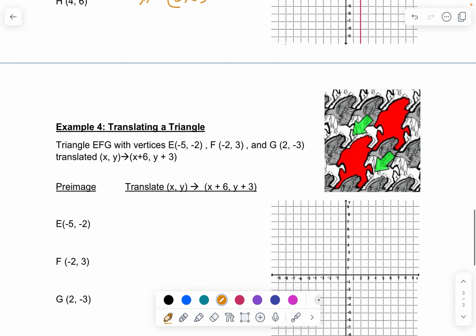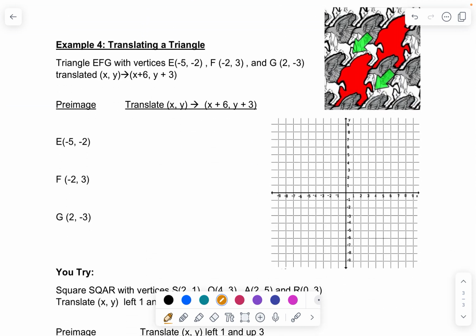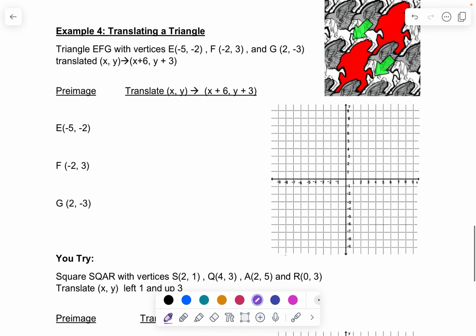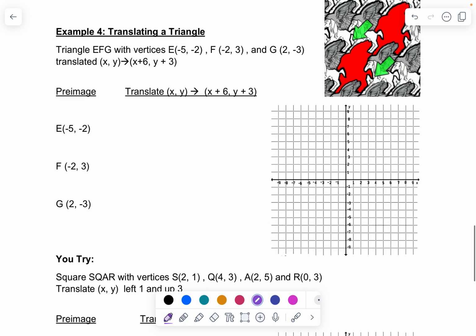All right, so finally, we're going to just review translations. So I encourage you to pause it and do it on your own and then push play.